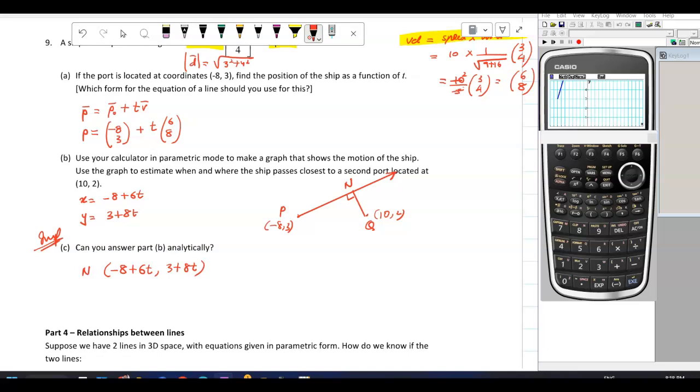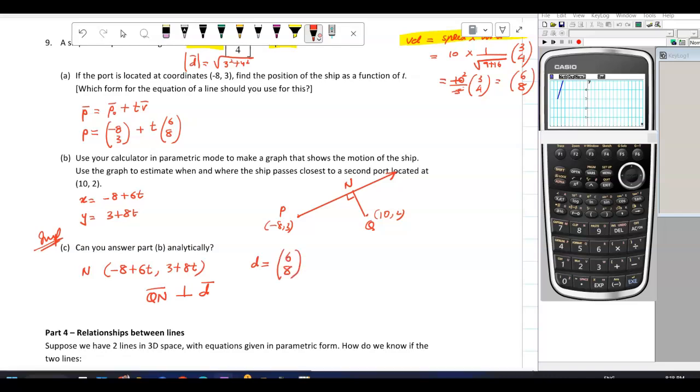Correct. Now, can I say that QN is perpendicular to the direction vector? QN is perpendicular because the closest point is the perpendicular. What is the direction vector along the path? 6, 8.